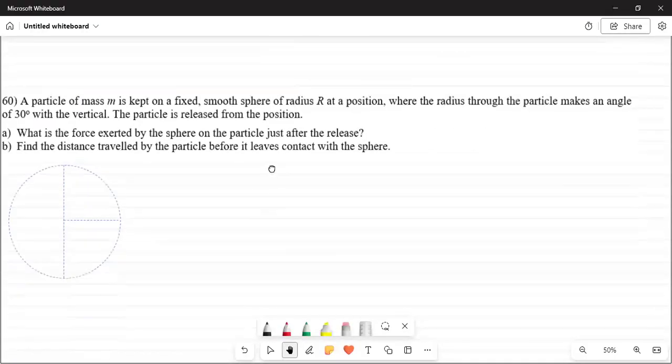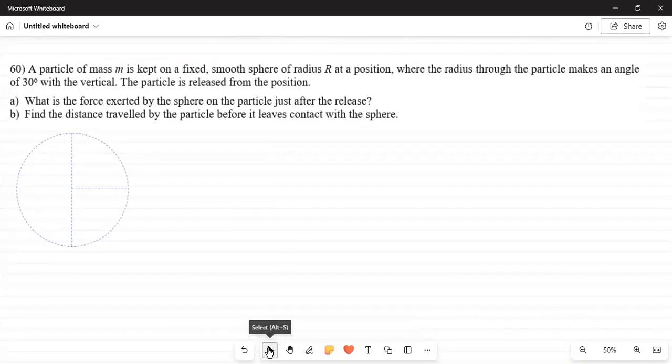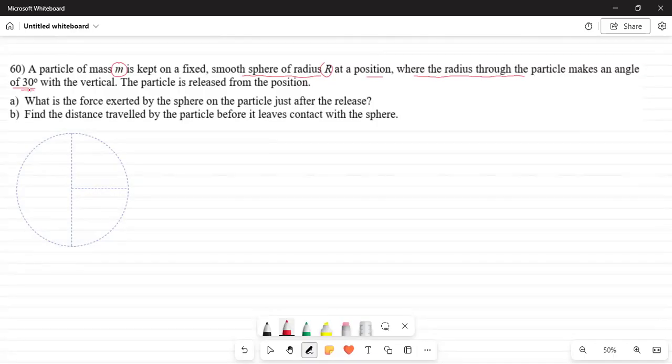Next question is, here it says, a particle of mass m is kept on a fixed smooth sphere of radius r at a position where the radius through the particle makes an angle of 30 degrees. That means to start with, it is kept at an angle of 30 degrees with the vertical.